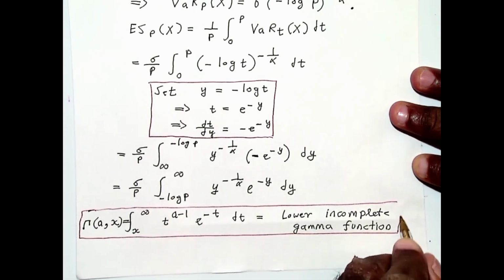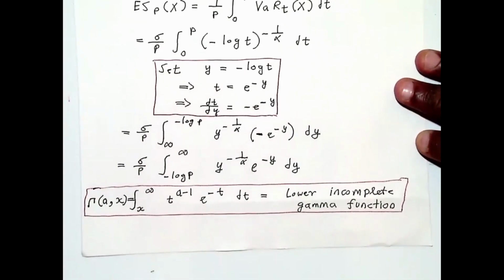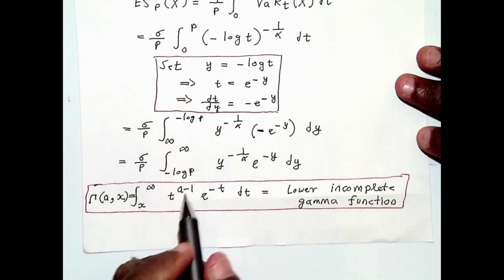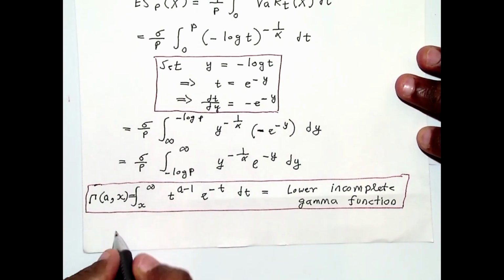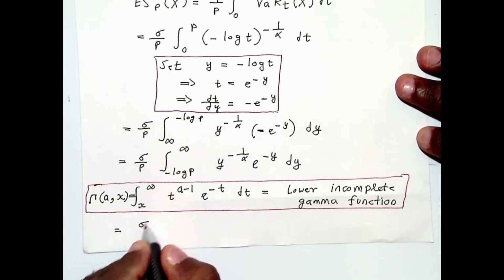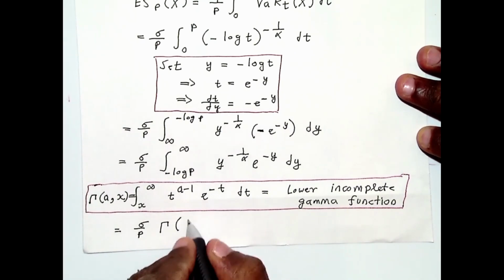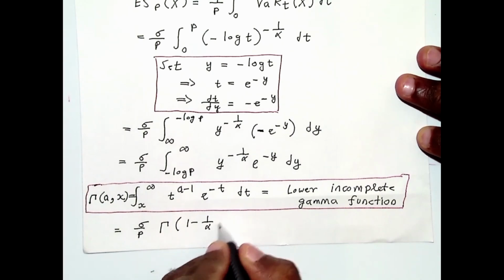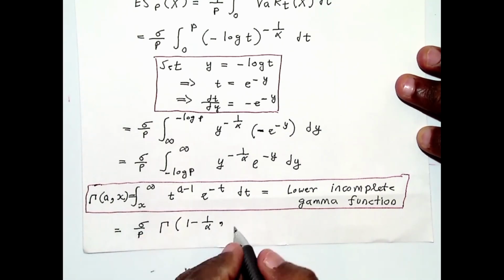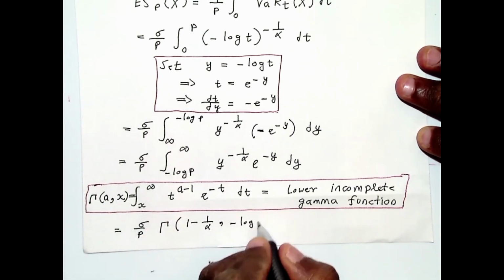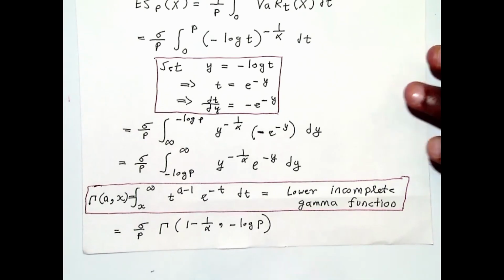So using this definition, you can write this guy here as follows. Capital gamma, your A is going to be 1 minus 1 over alpha, and your X is going to be minus log of P. Alright, so this completes question 8.